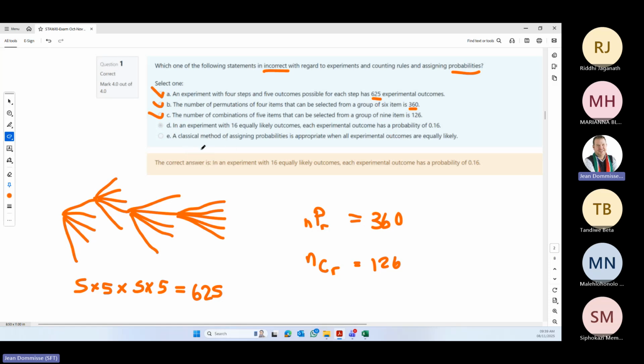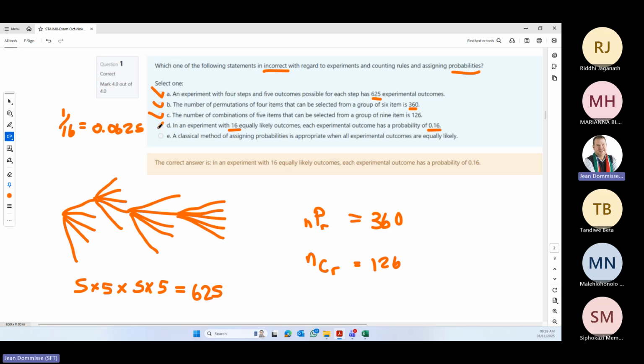In an experiment with 16 equally likely outcomes, each experimental outcome has a probability of 1, or 0.16. Okay, so let's see. If it's equal outcomes, what is 1 divided by 16? 1 divided by 16 gives me 0.0625.